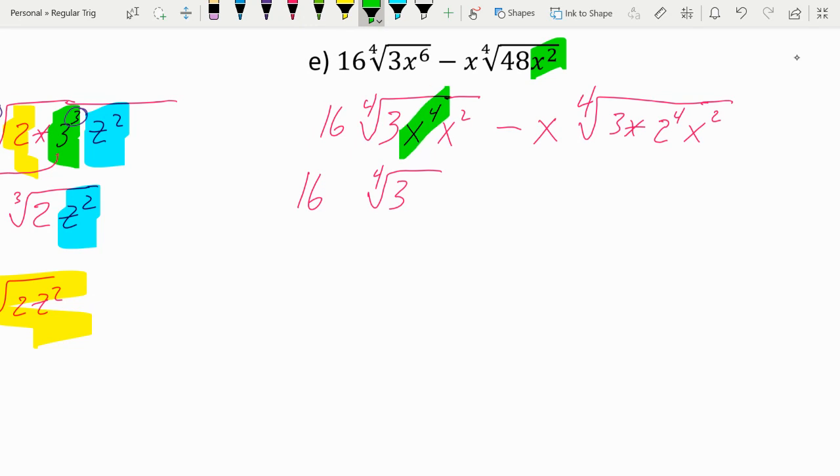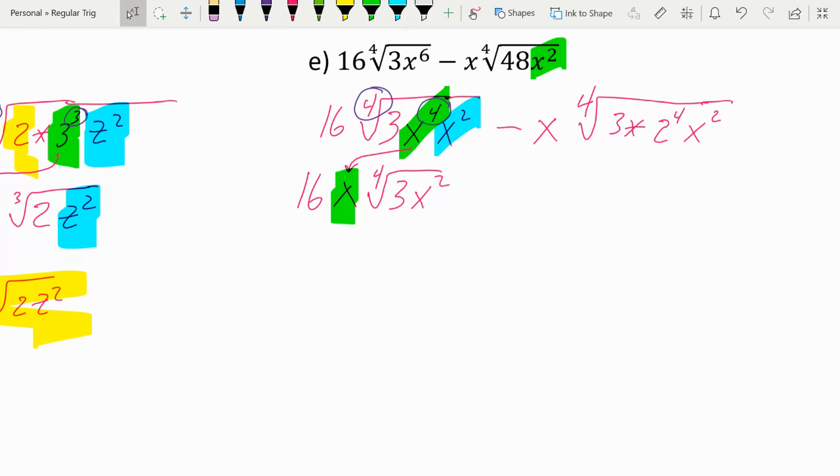What about this x to the fourth? Well, because that index and that exponent are the same, I'm going to be able to drag this x out. So that x is right there now. And then this x squared stays underneath the radical.